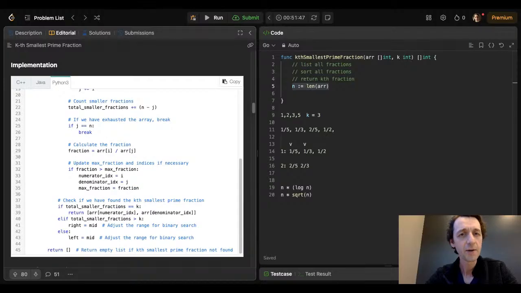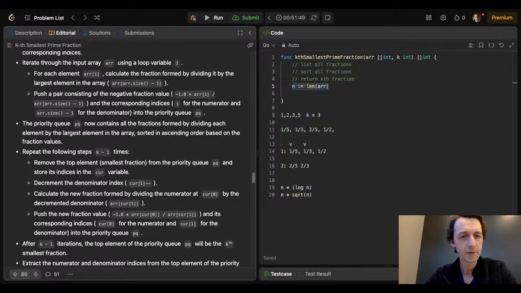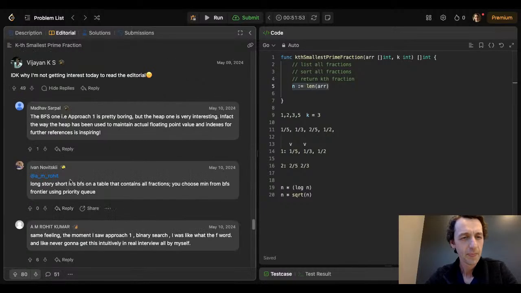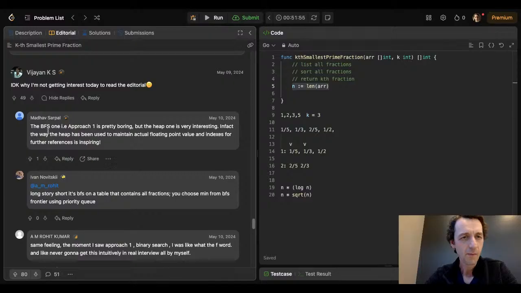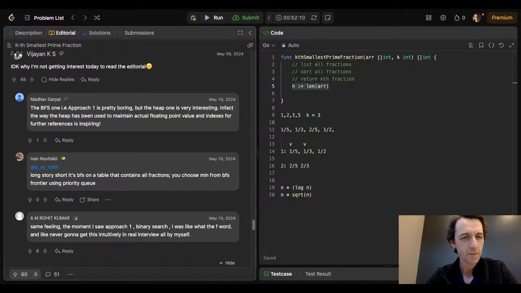The binary search, I mean, they probably meant binary search. It's BFS. Why are you going breadth first search on a table that contains all fractions? Min from BFS frontier using a priority queue.